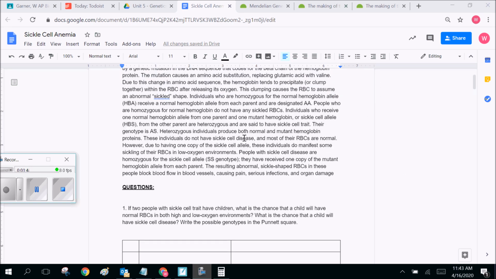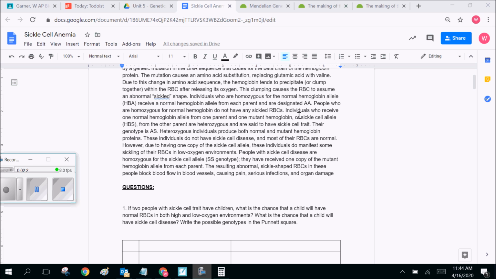Now, in this, what you'll read is that there are three basic genotypes and three basic phenotypes that you can expect from these individuals. The first one, with normal hemoglobin or normal red blood cells, is going to be capital A, capital A. The mutants that are said to have the trait are going to be capital A, capital S. And then the ones that have the sickle cell disease are going to be SS.